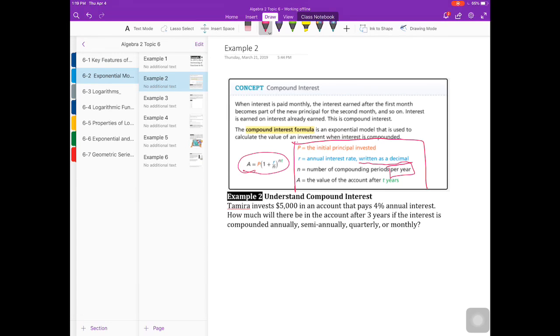A is the amount in the account after t years, and t is always time in years. You'll notice that they've divided the rate by the number of times you're compounding, and then you multiply the number of times you're compounding by the number of years.